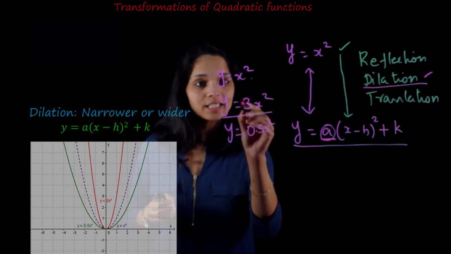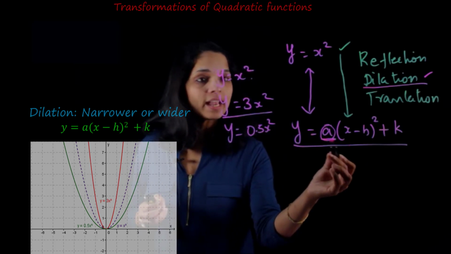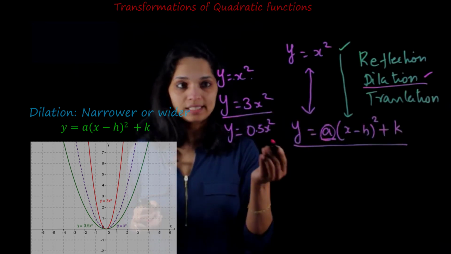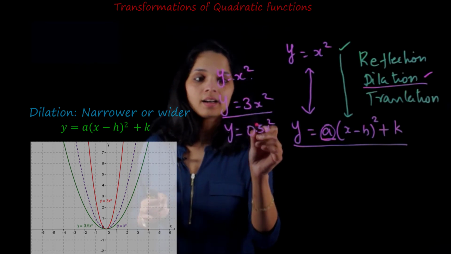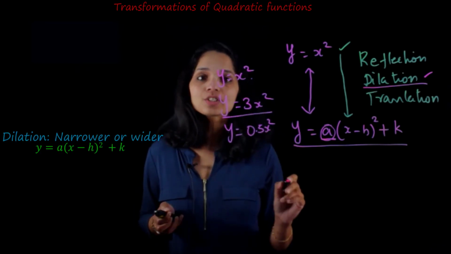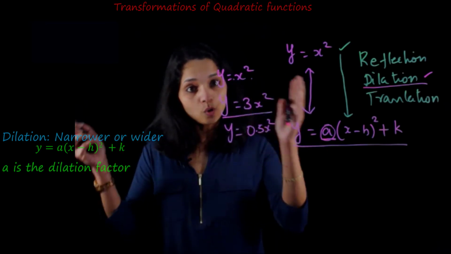So what is different in these functions? If you compare with the standard form, a is the coefficient of x squared. h and k are 0 in this case, and a is 1 here, 3 here, and half here. So a is known as the dilation factor, and that determines whether the graph is narrower or wider.